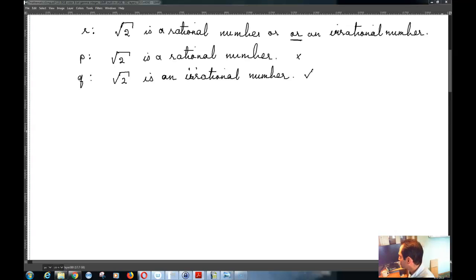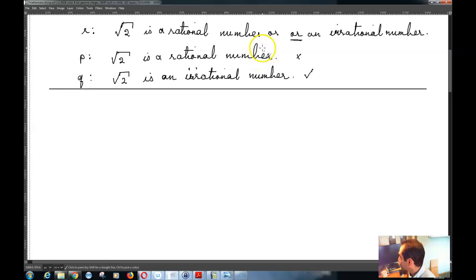Now, the next statement that we have is 24 is a multiple of 2, 4, and 8.